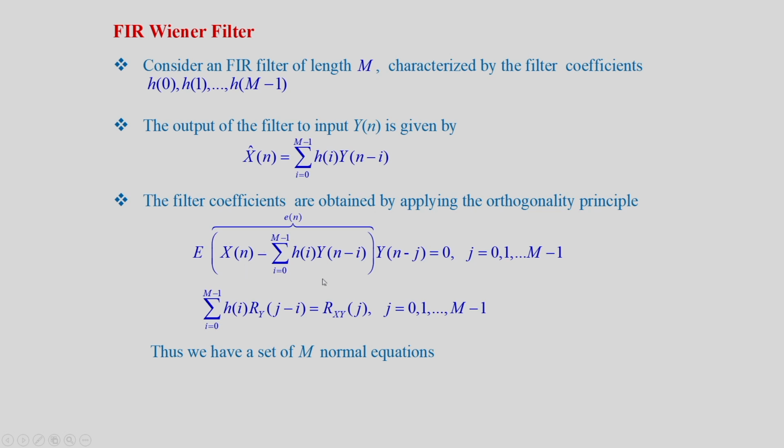So, this will now give the Wiener-Hopf equations, that is, if we take the expectation, we will get summation i going from 0 to m minus 1 of h i into r y of j minus i will be equal to r xy of j, where j is equal to 0, 1 up to m minus 1. So, this set of equations are the m normal equations or Wiener-Hopf equations, and we have to solve these equations to find out the filter parameters.